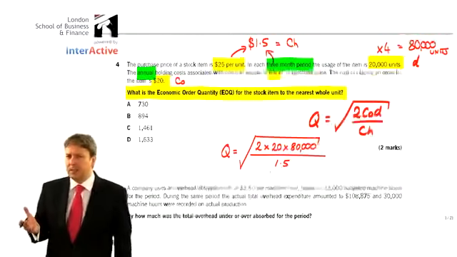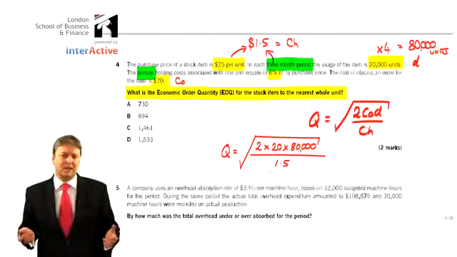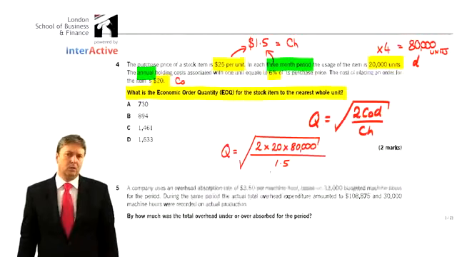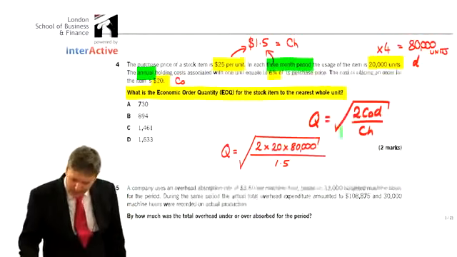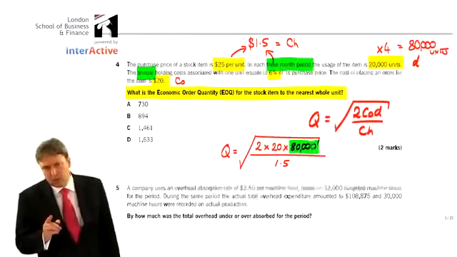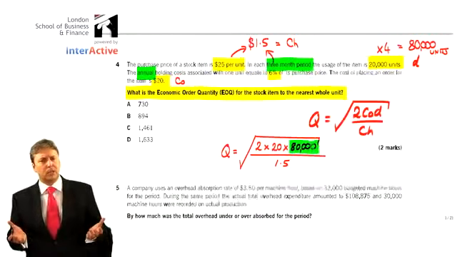Now, my view is this. Providing you've done absolute basic workings in this area, you should easily be able to do an EOQ. But my guess is that a sizable minority of students will have got that figure wrong. Make sure you don't. It is the classic thing that the examiner does with the economic order quantity.